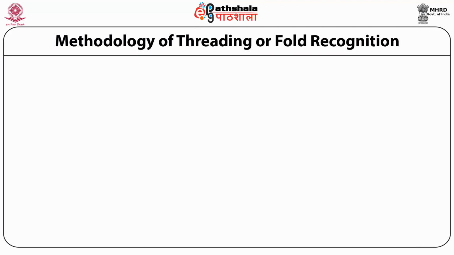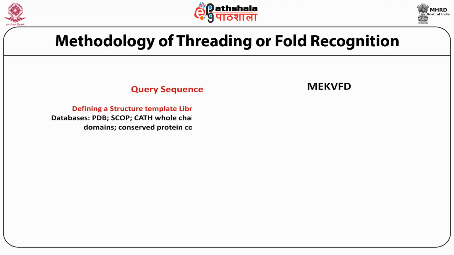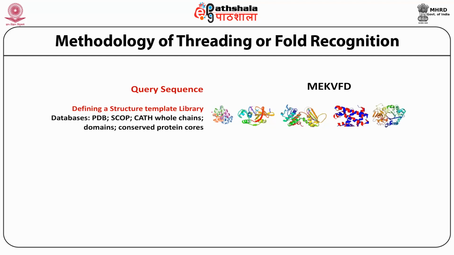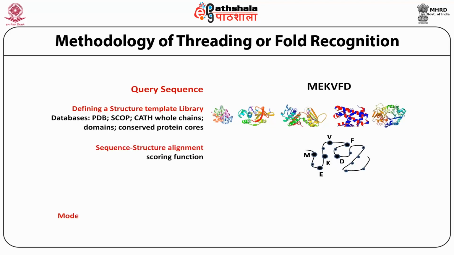As discussed, for a particular query sequence, there can exist only a definitive number of folds that are available in databases such as the Protein Data Bank, SCOP, or CATH. What is done is the sequence is aligned to these structural folds using a scoring function.